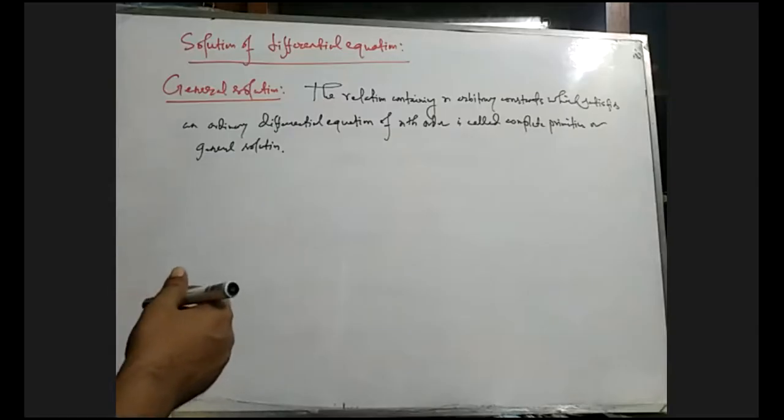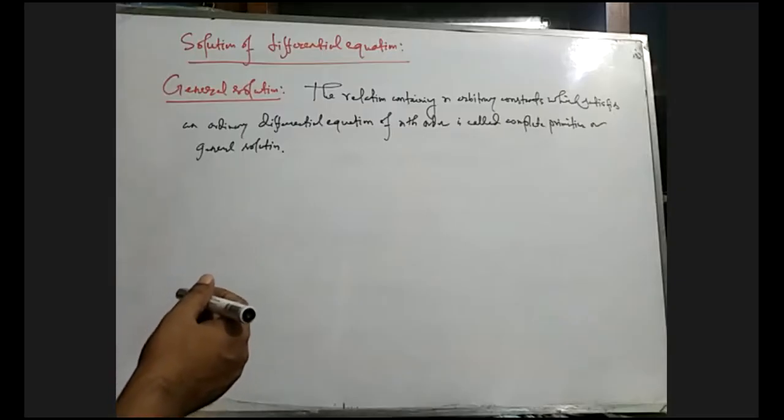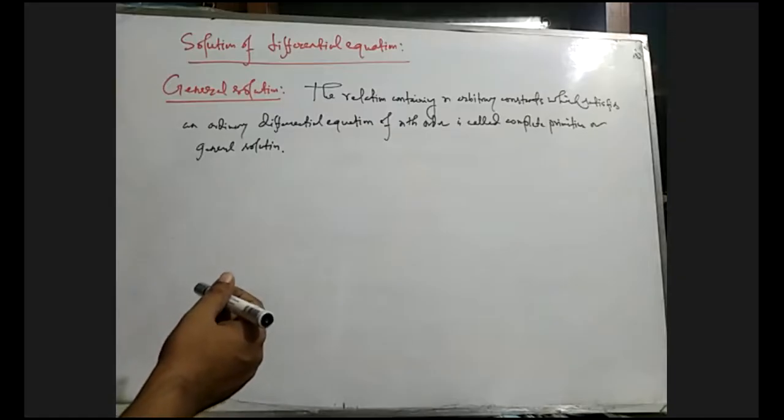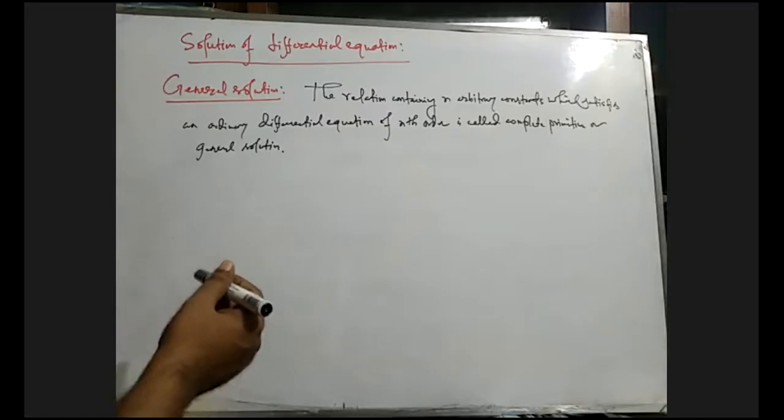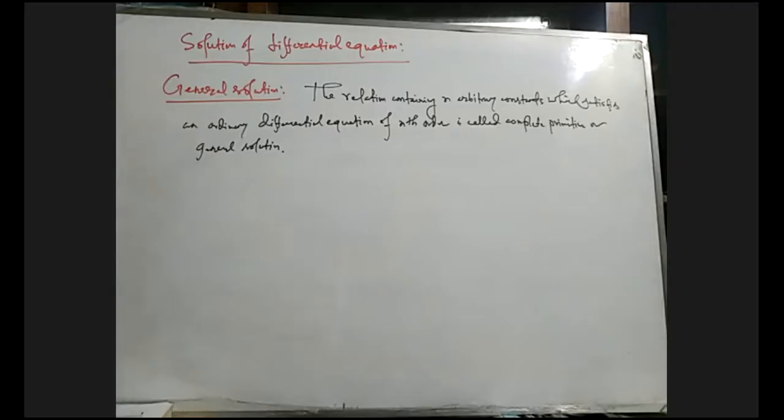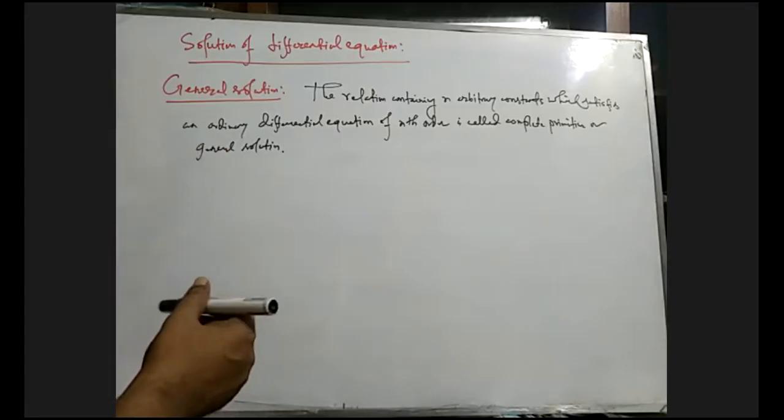And it can be shown that by eliminating the arbitrary constants from the equation in the dependent and independent variables, you get a differential equation of nth order. Such a process is called formation of a differential equation. After this definition, we will discuss this.